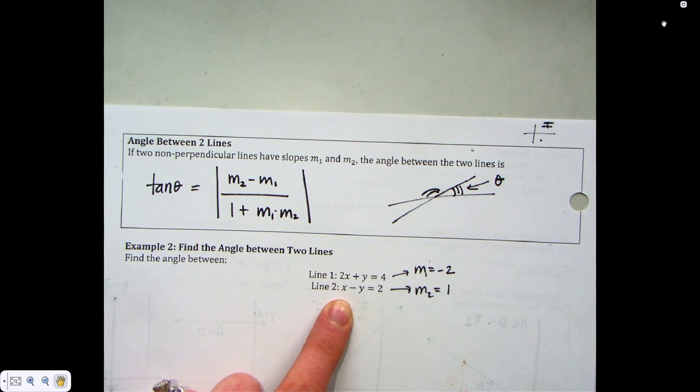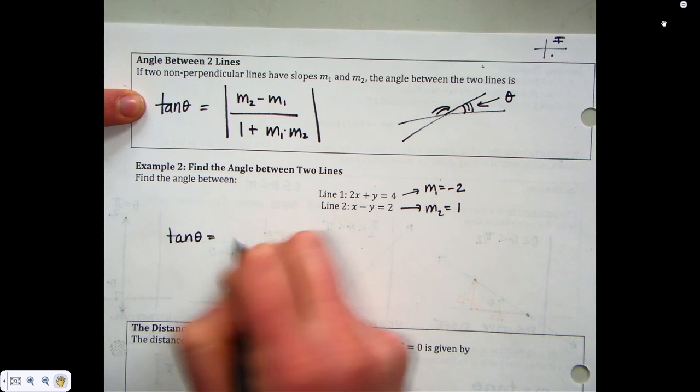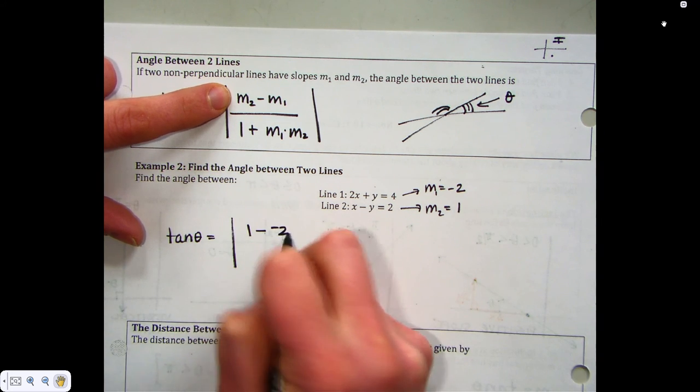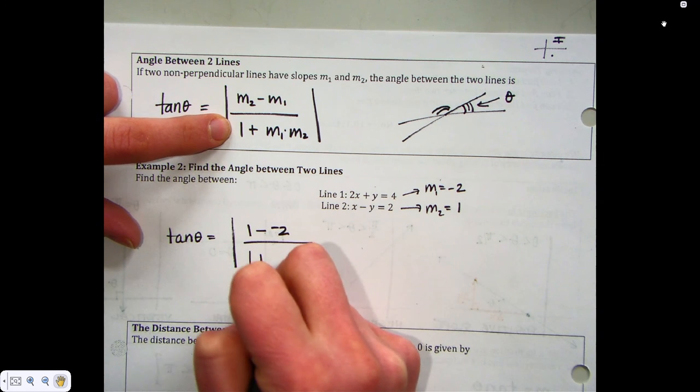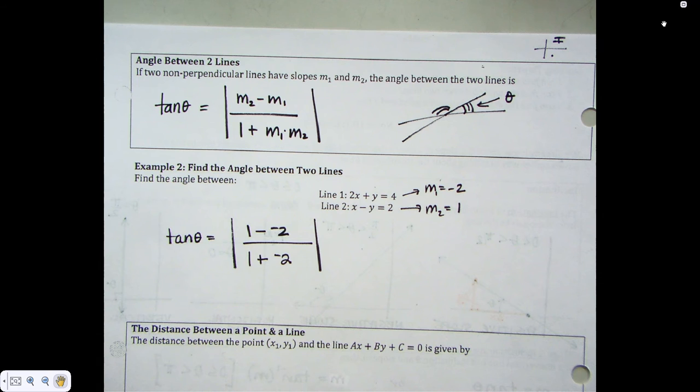So those are my two slopes, and I'm going to go ahead and plug into my formula. So tangent of theta would be equal to the difference between them, so 1 minus a negative 2, and then I would have 1 plus, and then I'm going to multiply them together. So negative 2.